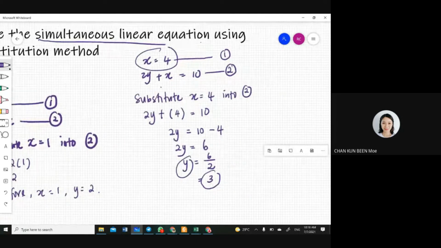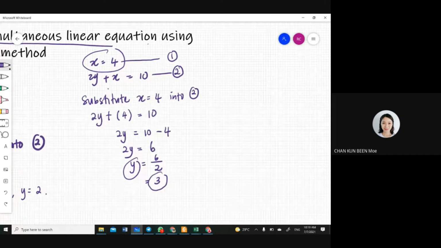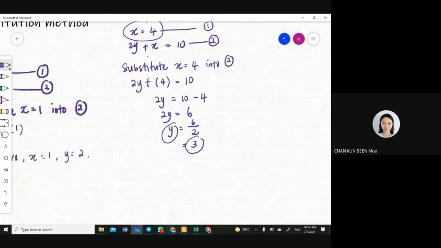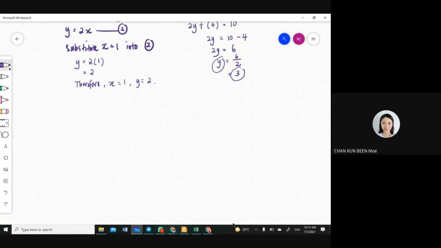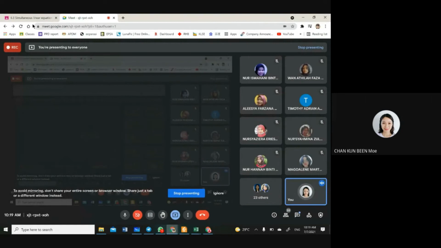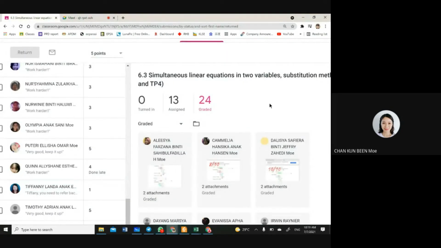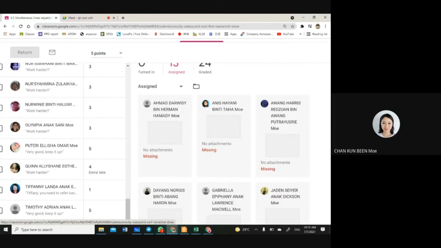Okay, now comes another equation. That is the one in your live worksheet. For those who haven't handed in the live worksheet, make sure you pay attention, because I'm going to discuss it right now. These are the people that haven't handed in the live worksheet. Look for your name.